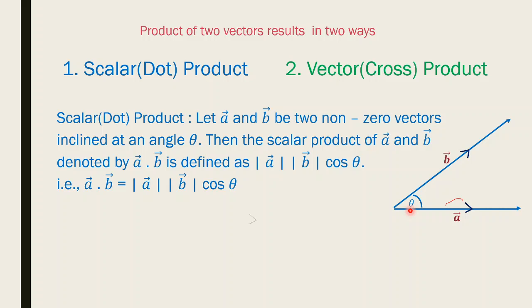Now, we are discussing the scalar product. The scalar product of vector A and vector B will be denoted like this: vector A dot vector B, and it is defined as magnitude of vector A into magnitude of vector B into cos theta.